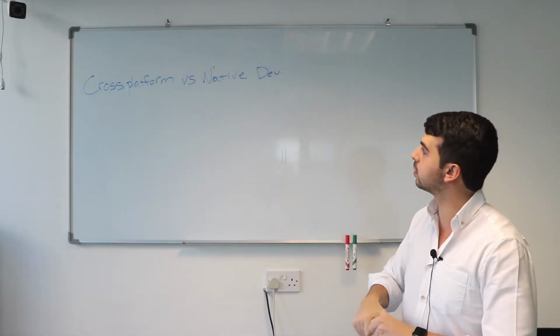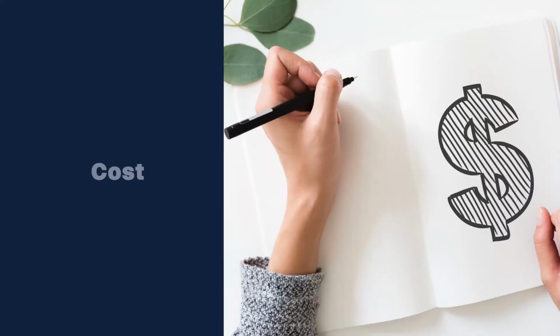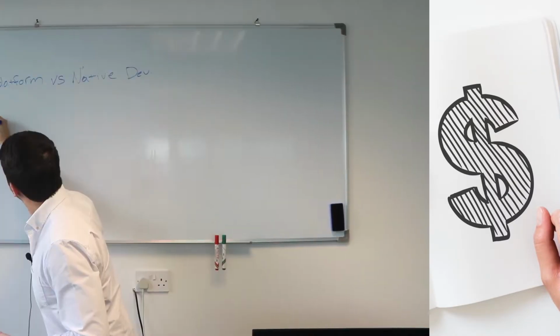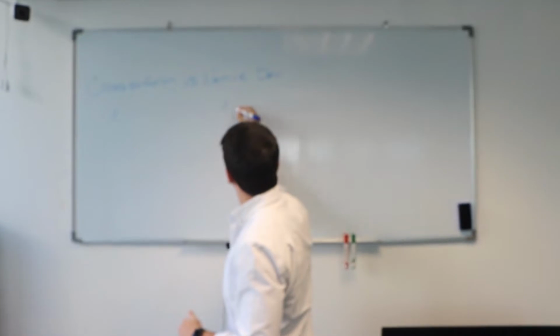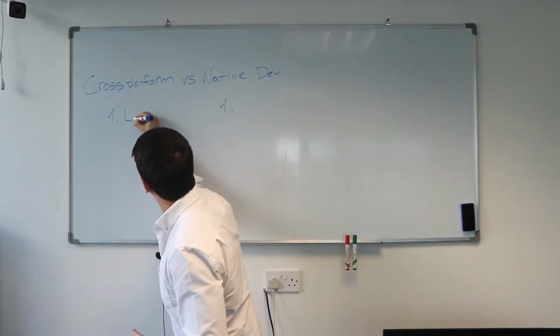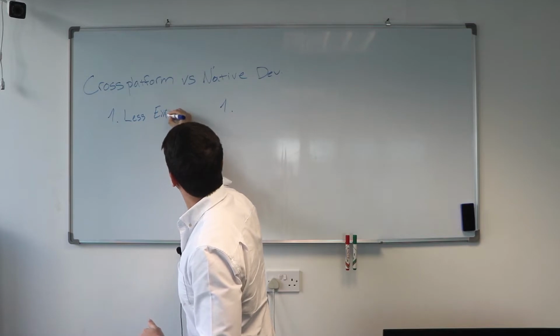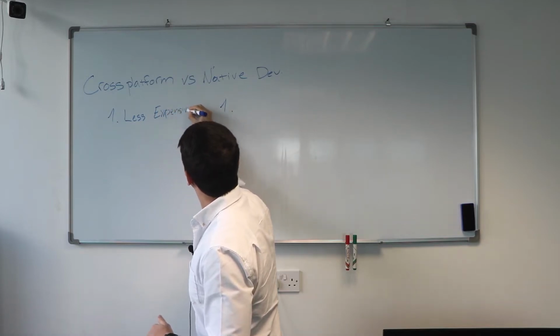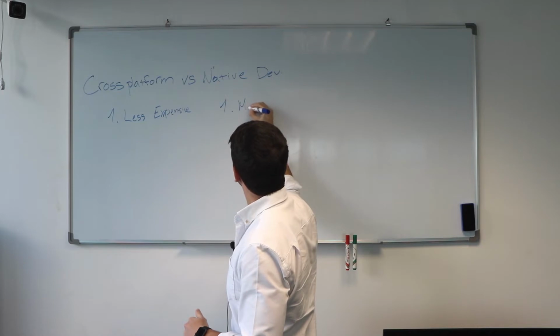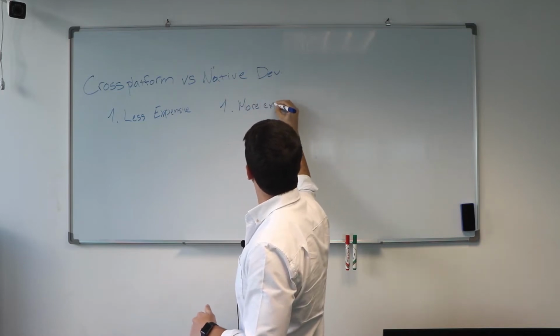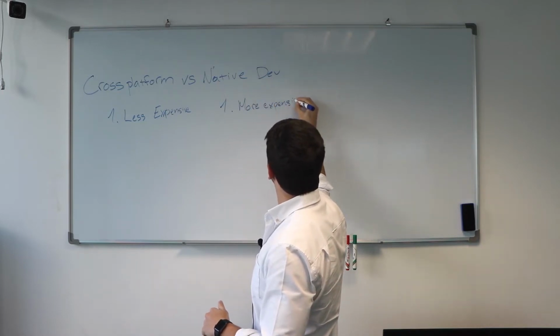The first one I would like to start with is cost. So let me just write this on the board. Obviously, cross-platform development is less expensive than native development. This is because of various reasons.